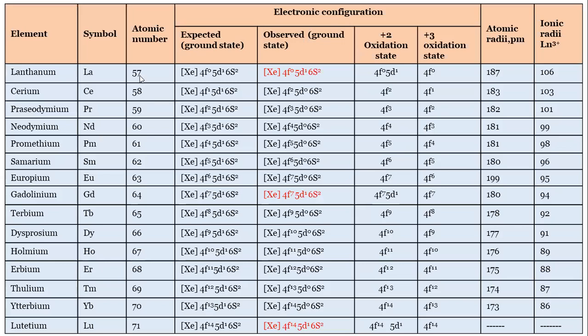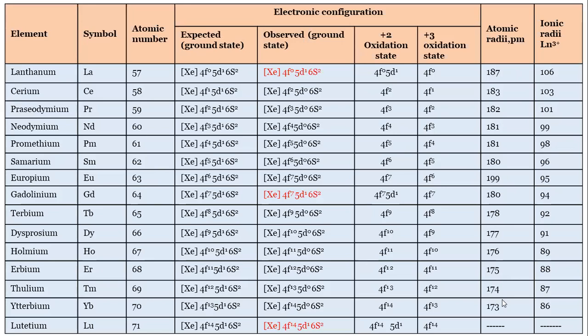Generally, if the atomic number increases, the ionic and atomic size should increase. But if you look at this table, as the atomic number increases, the atomic radii are not increasing, they are decreasing. This is because the nuclear charge effect is more than the shielding effect.